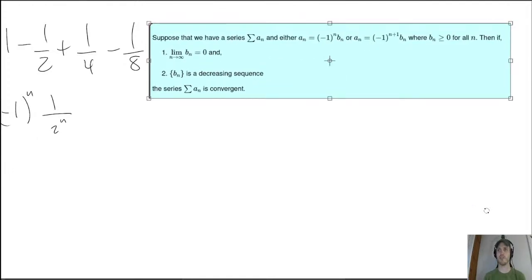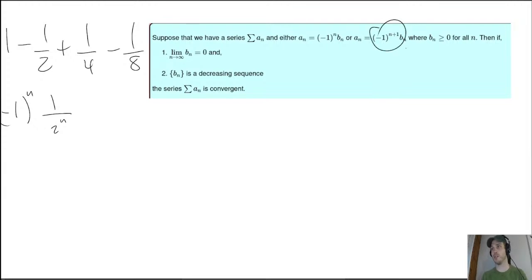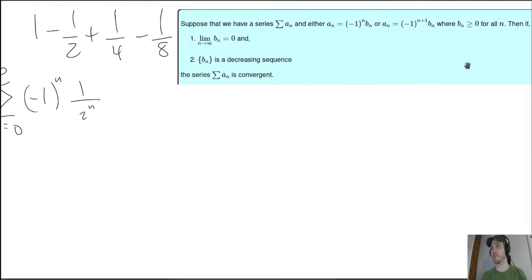Okay, suppose that we have a series of the form the sum of some nth term in a sequence. And either it's -1 to the power of n times some other term b sub n, that's what we have, or -1 to the n plus 1 times b sub n, where b is positive.